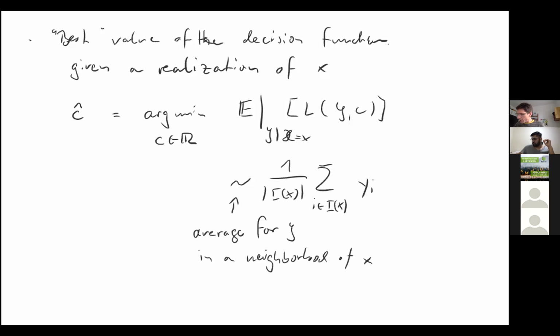This index set Ix is just given by all i where xi are close to x. And of course, what close means needs to be defined in a concrete example. So you take, for example, an L2 norm or an L1 norm or whatsoever. That was somehow the summary of what we did last time.